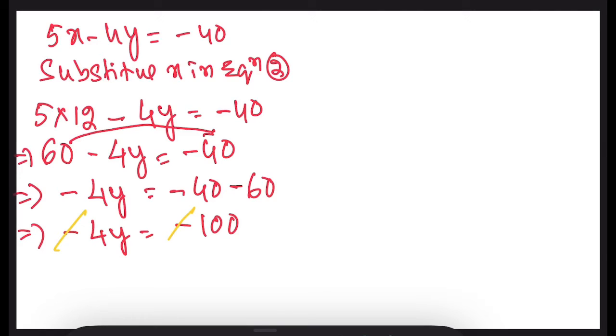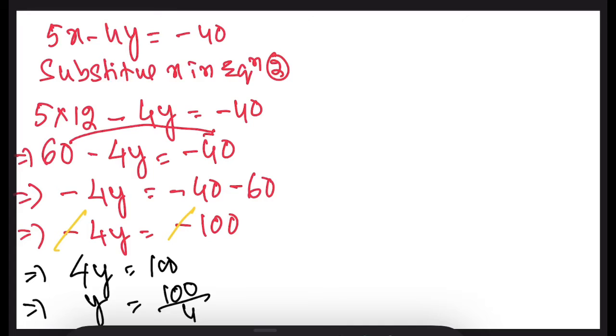So 4y equals 100, and y equals 100 upon 4, because 4 and y are related by multiplication. So this will go to 25. Y equals 25.